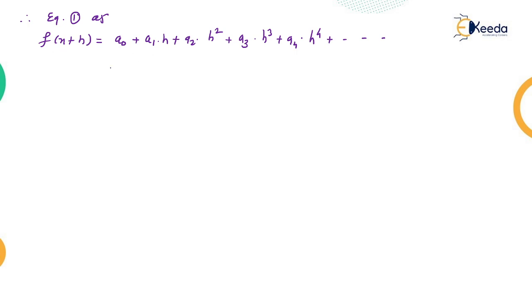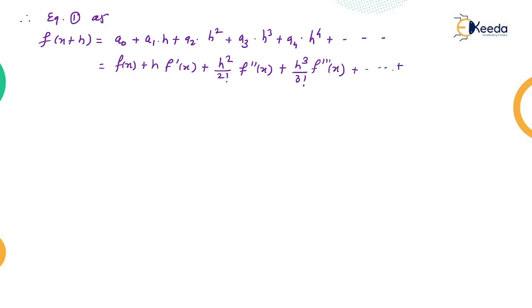So putting the values: the value of a naught is only f of x, plus the value of a1 is h into f dash of x, plus the value of a2 is h square divided by 2 factorial into f double dash of x, plus the value of a3 is 1 upon 3 factorial, that is h cube divided by 3 factorial into f triple dash of x, plus and so on.